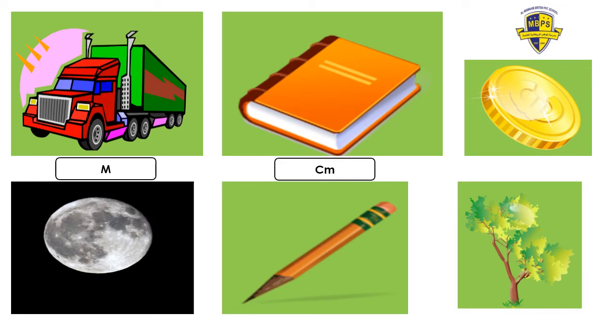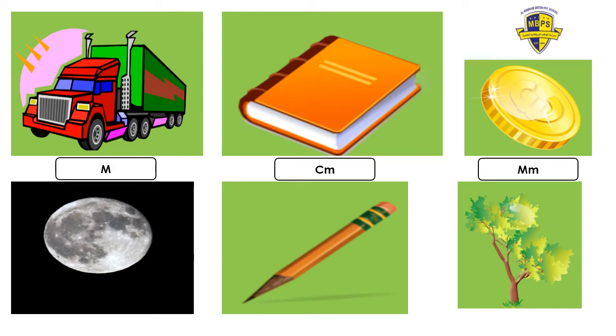Okay, now for the coin. This coin, we can measure the length using millimeter or kilometer. Of course, millimeter. Excellent. Now, you can see the moon, but what do we want to measure? We want to measure the distance between the Earth and the moon.